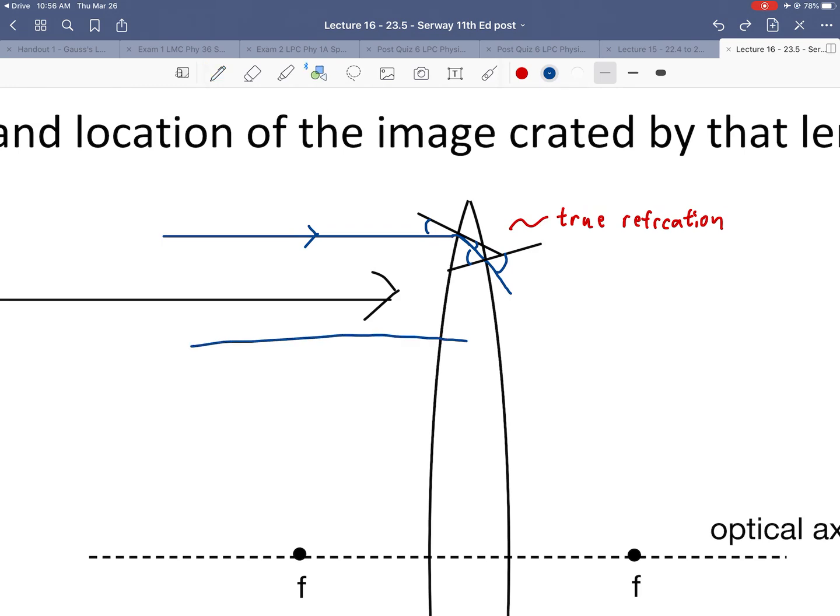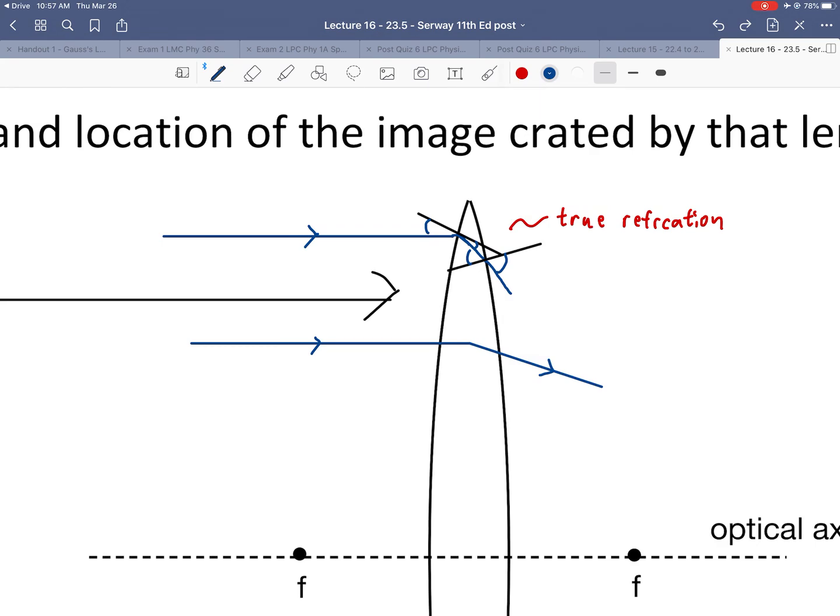So we'll have a ray coming in again. I'll draw it right to the center of the lens, and then just have a single refraction. So instead of the refractions being represented where they're actually happening at the two air to glass interfaces, we just draw a refraction right in the middle, and that encompasses the entire effect.